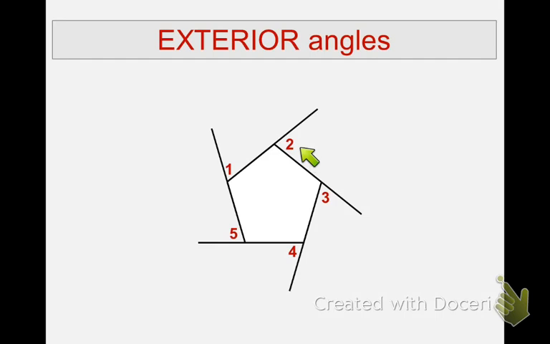Basically, an exterior angle is formed if you take one of your sides, and only one, not both, and extend it off of the polygon. The acute angle that's formed there is the exterior angle. And you can just go around clockwise and extend each side off around the figure and form exterior angles at every single angle in the polygon.